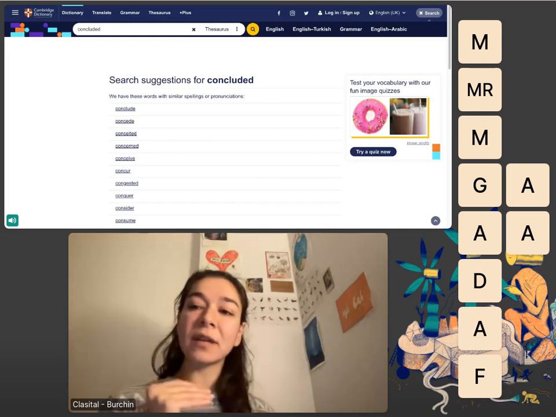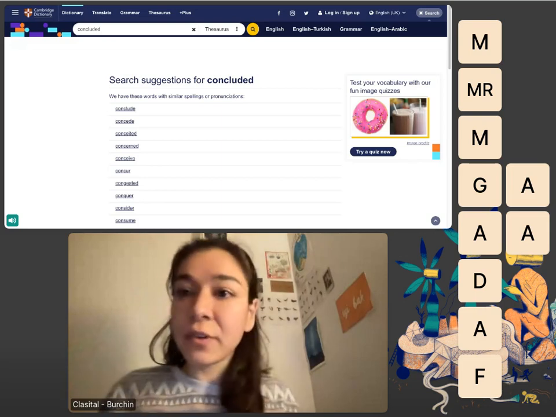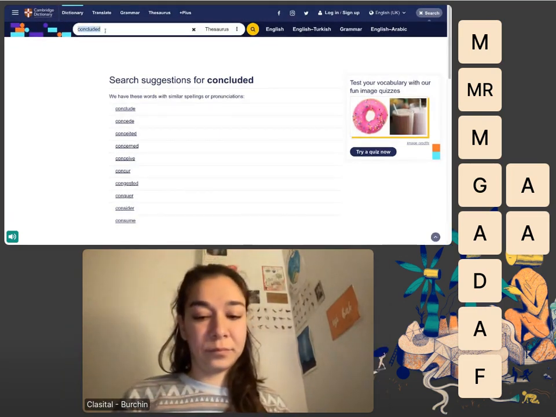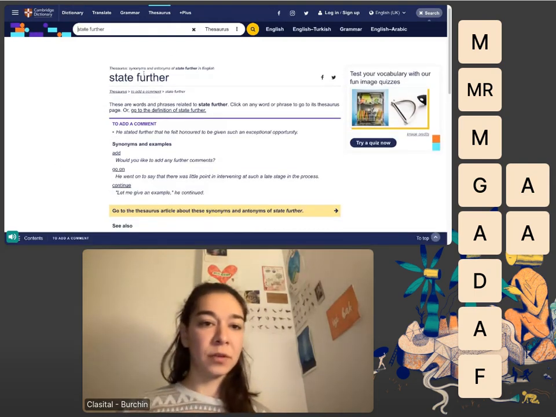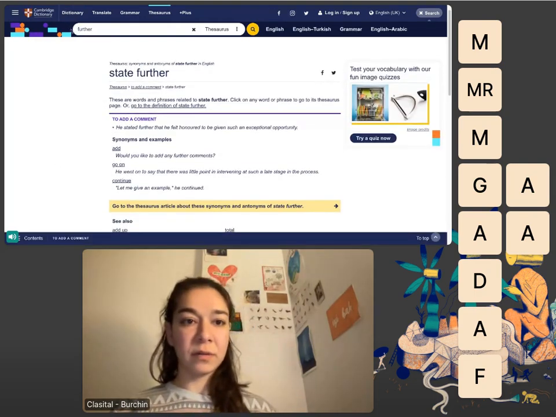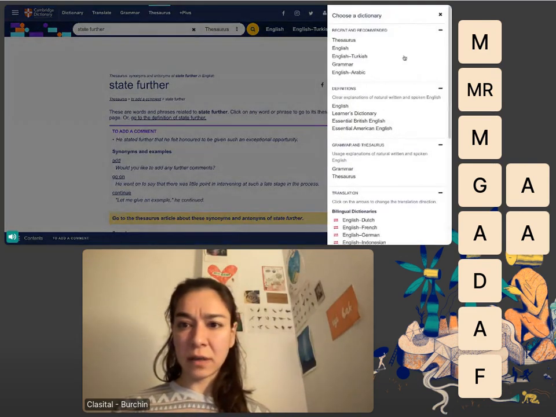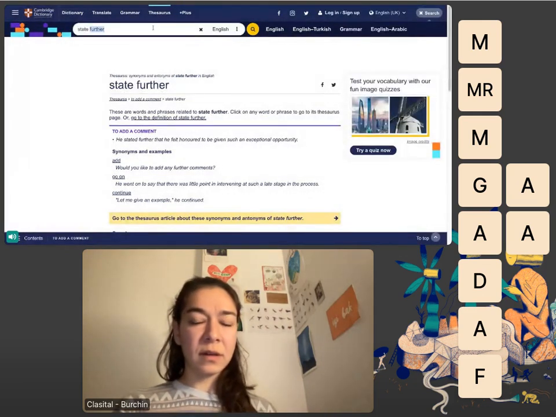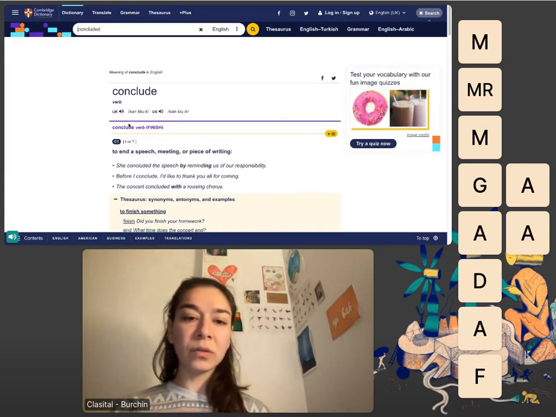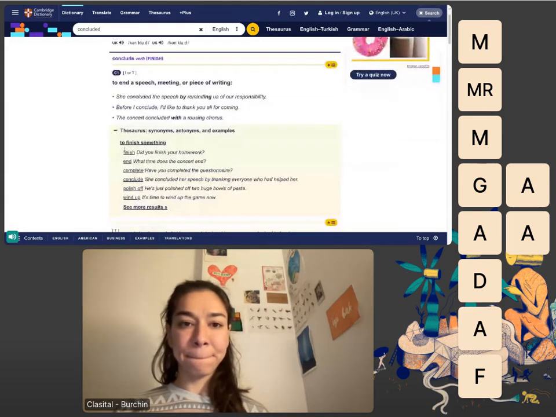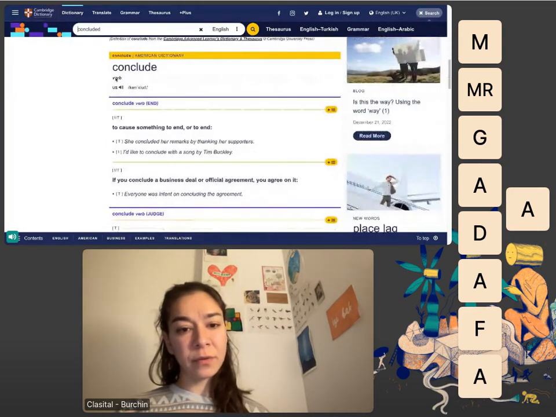Further, for example, you can say "in the further steps" because further is... Sorry, what did I say? Conclude. Okay. Conclude is a verb.